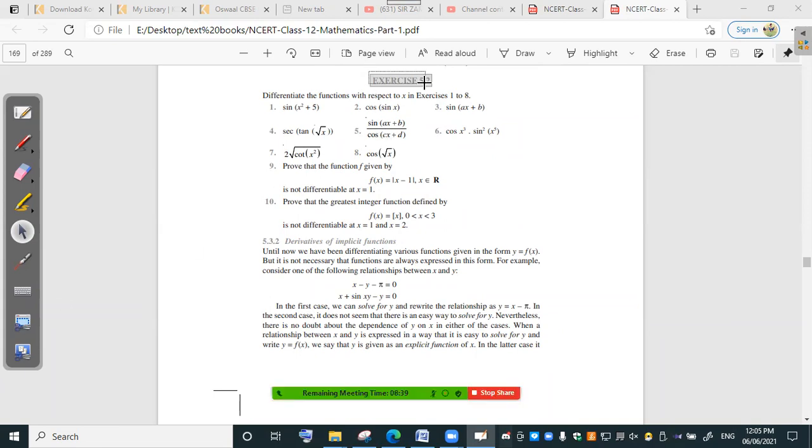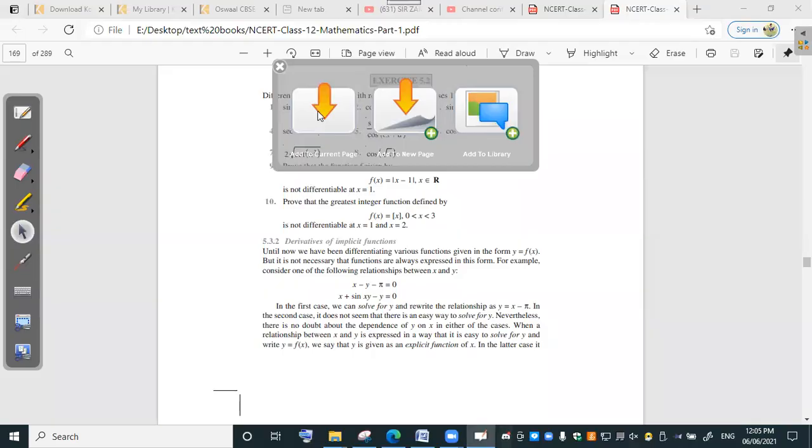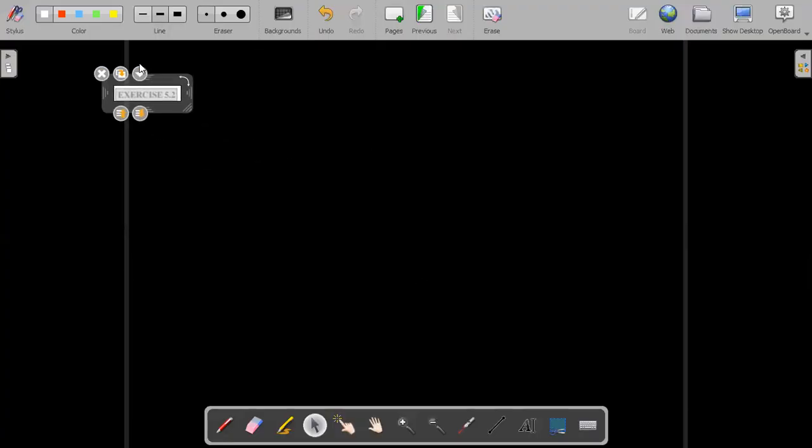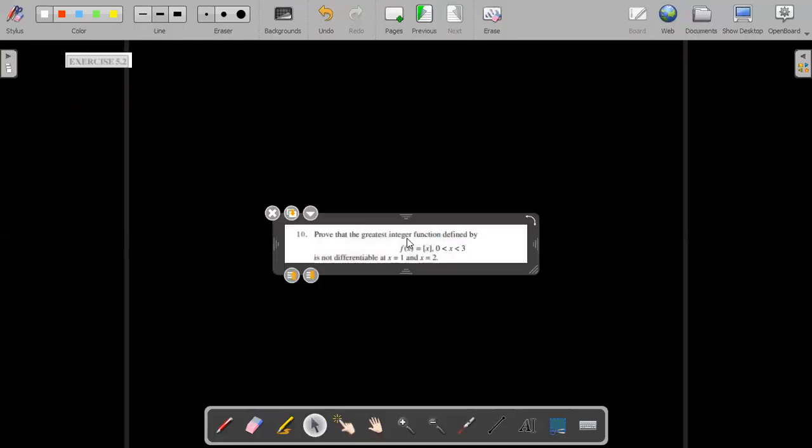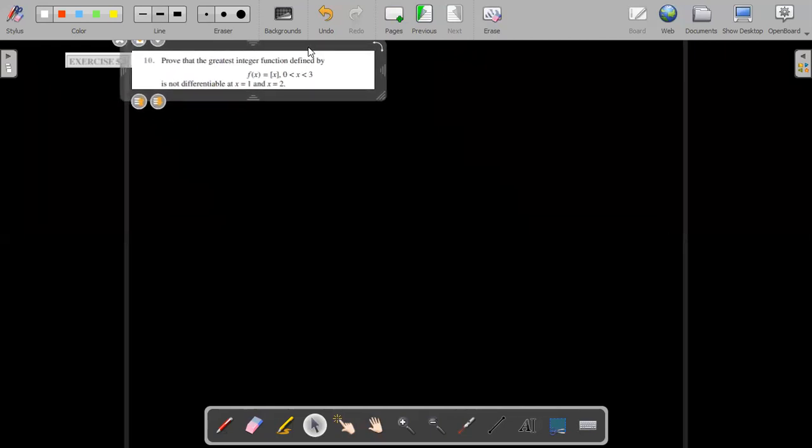Okay, this also I'll take. Just remember the definition of the greatest integer, and I'll explain why that definition arises. Do you remember what the definition was?